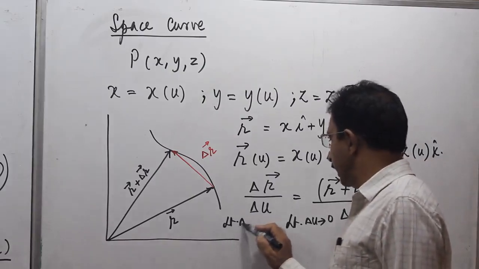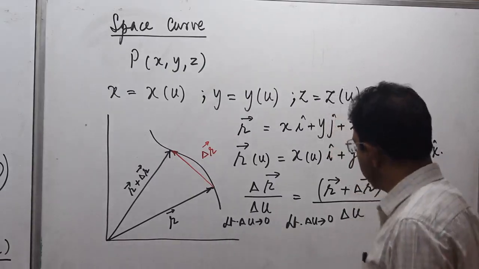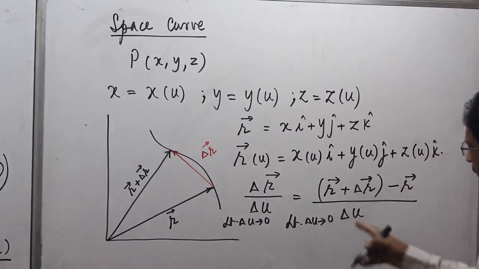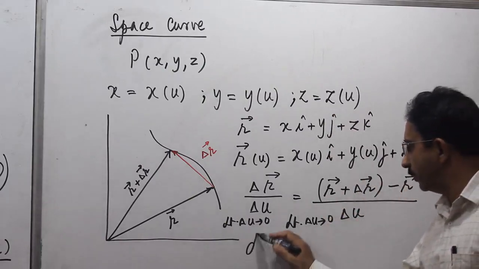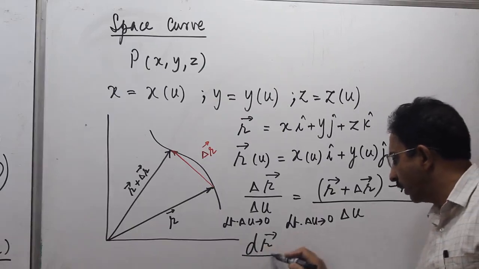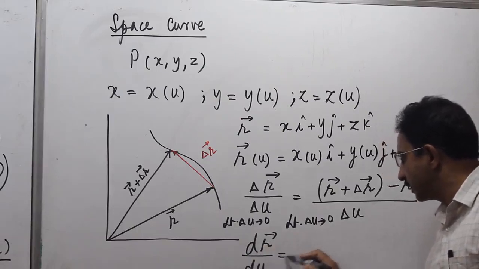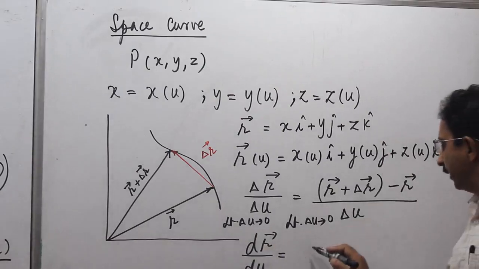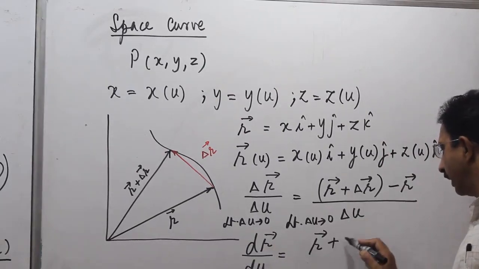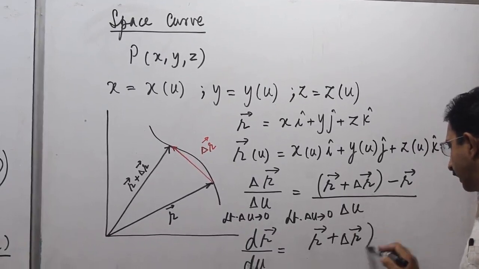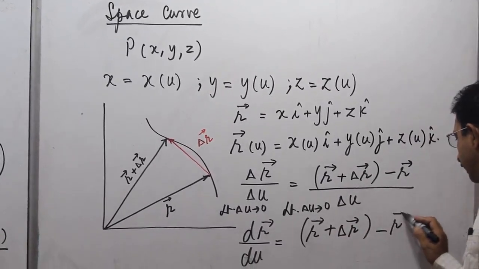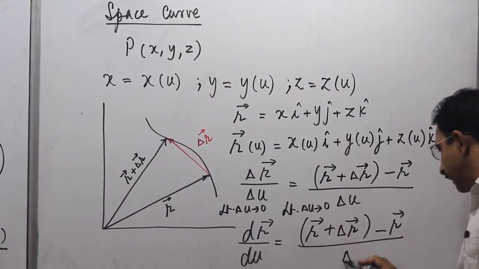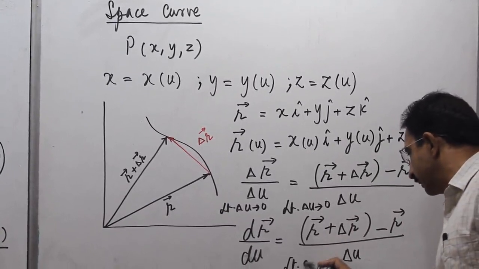If this limit exists, then I have obtained dr over du, the derivative of r with respect to u, and on the right hand side I have r plus delta r minus r divided by delta u, limit delta u tends to 0.